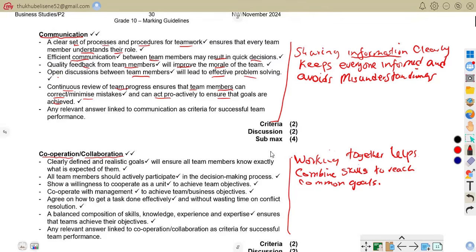So that is that. As you know, talking about collaboration or cooperation.